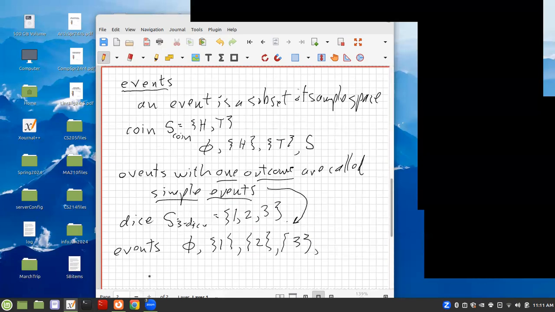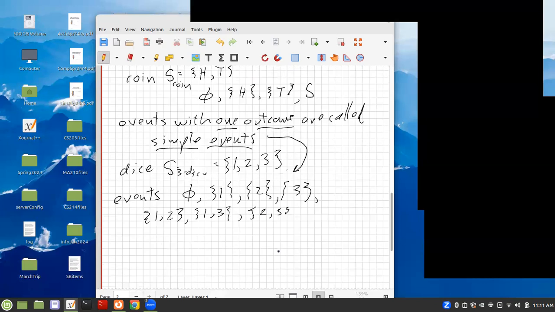Then there's the other events. There's actually not going to be that many of them, because there's going to be 3 of them: one with 1, 2, then 1, 3, and 2, 3. And then there's the whole set S with all 3. So here there's 1, 2, 3, 4, 5, 6, 7, 8.